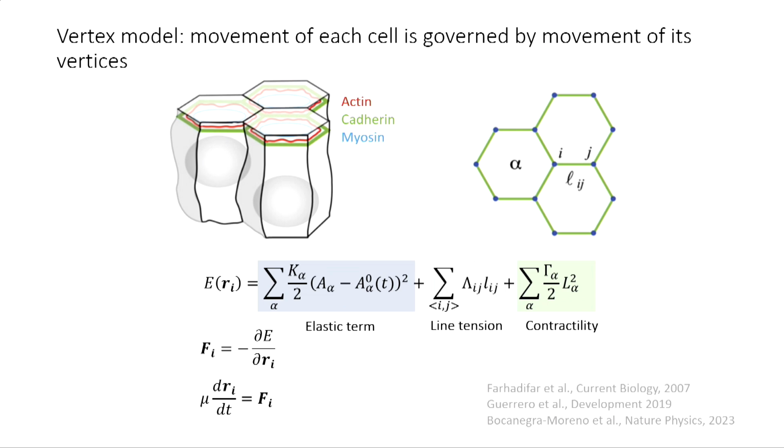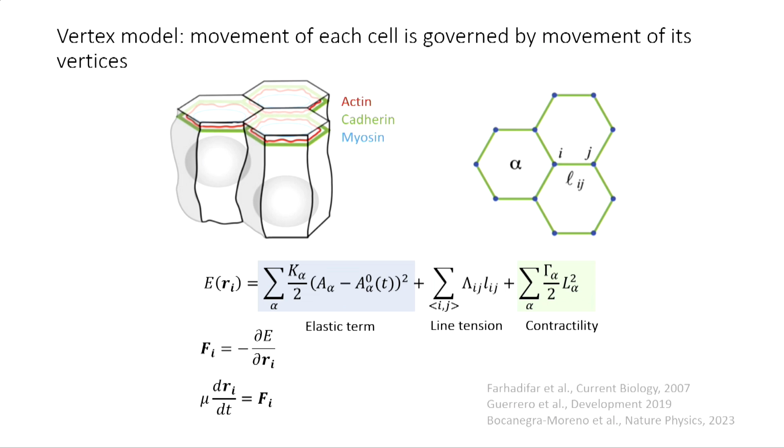And then the cells tend to be contractile. This is the perimeter of the cell with gamma. Higher gamma means the cells like to be more contractile. Now to get the force acting on the vertices, you take the gradient of that over the position of every vertex, R_A. With the force, we assume that the motion is a type of overdamped motion.